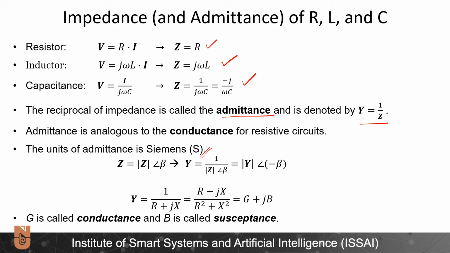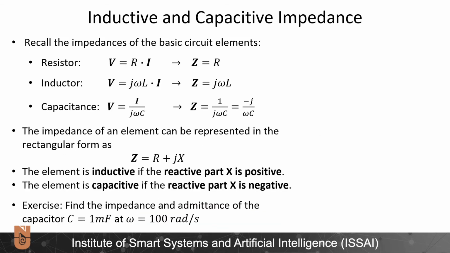In general, Y is equal to 1 over R plus jX. We can write this as R minus jX divided by R squared plus X squared, and this can also be written as G plus jB. G here is called conductance and B is called susceptance. So the impedance of an element can be represented in the rectangular form as Z equal to R plus jX.